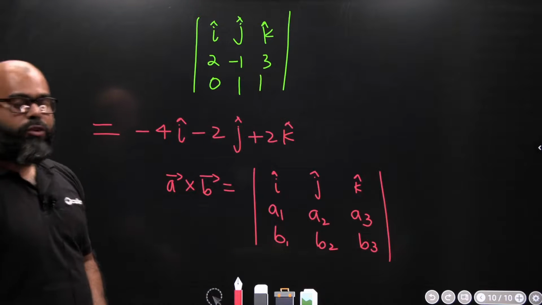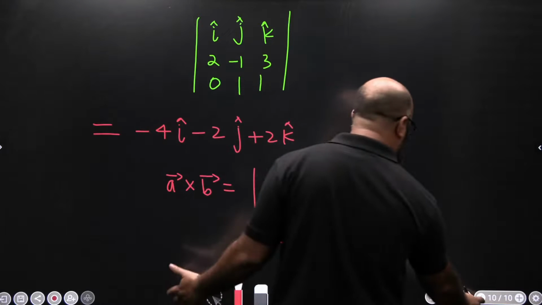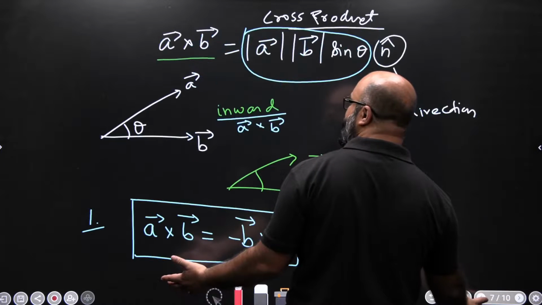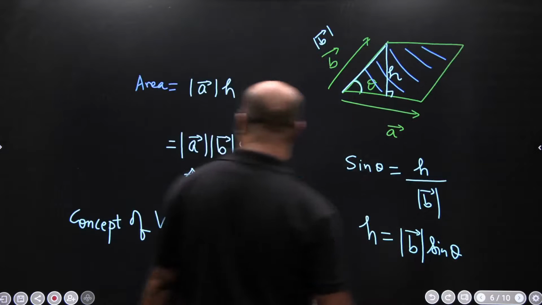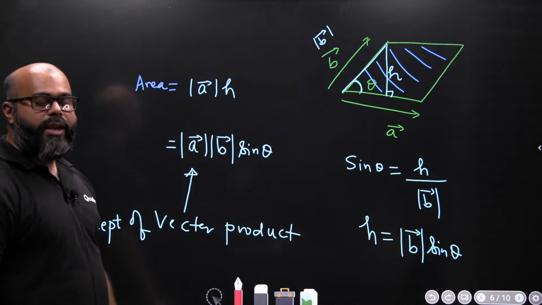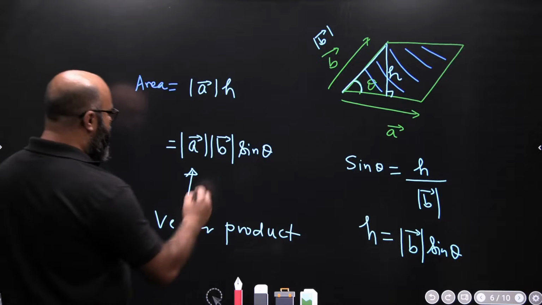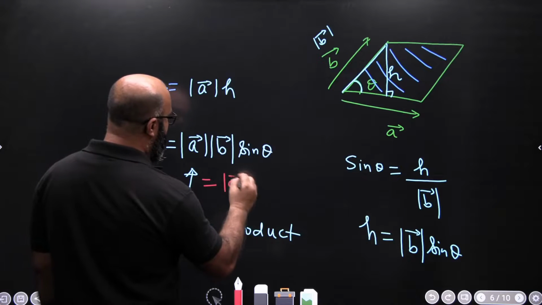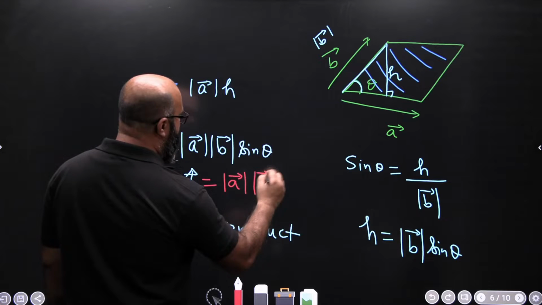Now, a while ago we were discussing the application of multiplication of vectors, and we came to the conclusion that the area of the parallelogram is mod A into mod B into sin theta. So here you can say it is mod A into mod B, and what is sin theta?